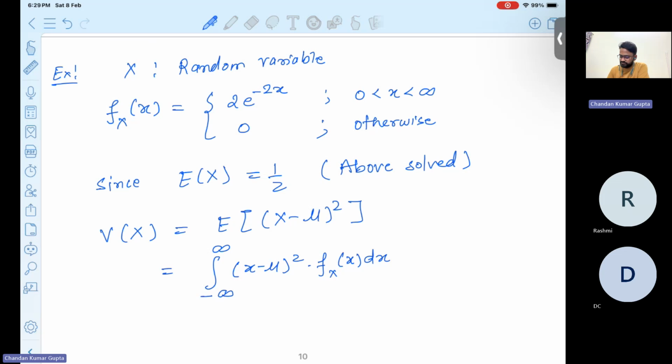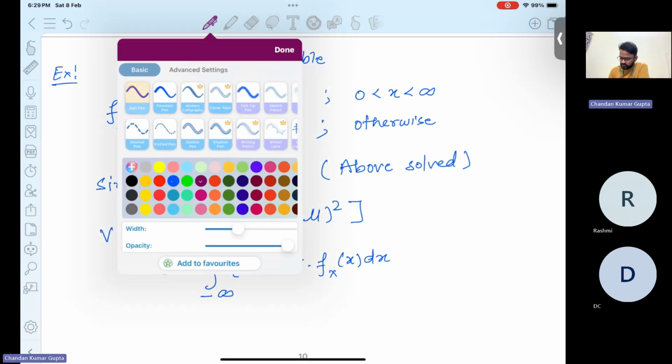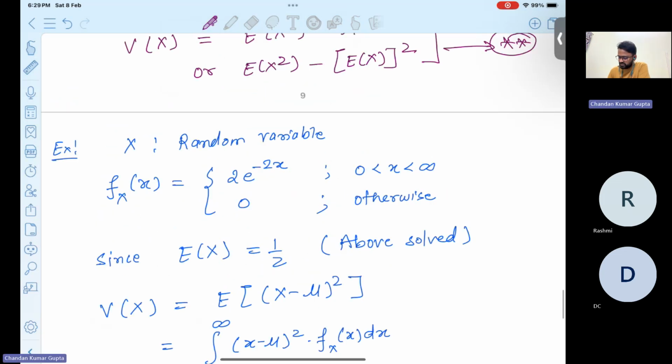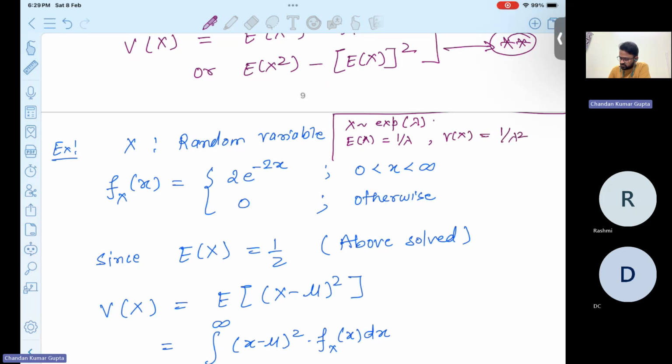Since it is a continuous exponential distribution, we will discuss it in a later class, but here x follows exponential lambda. In that case, expected value of x is 1 by lambda, and variance of x is 1 by lambda square.